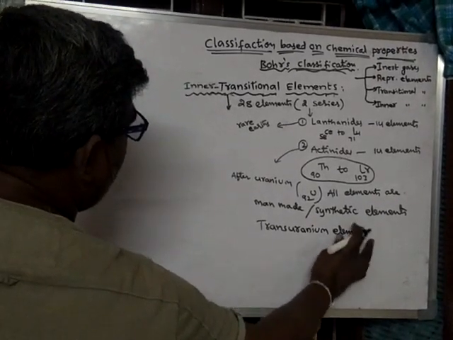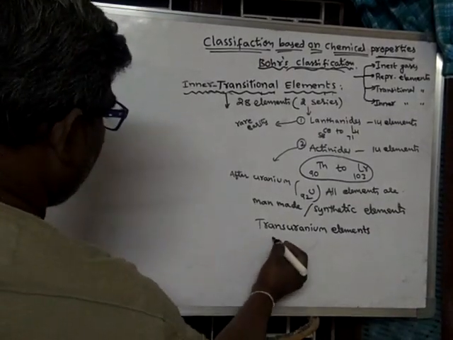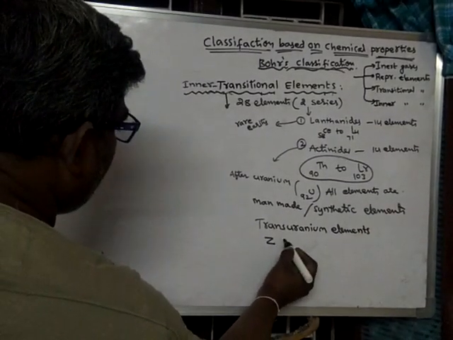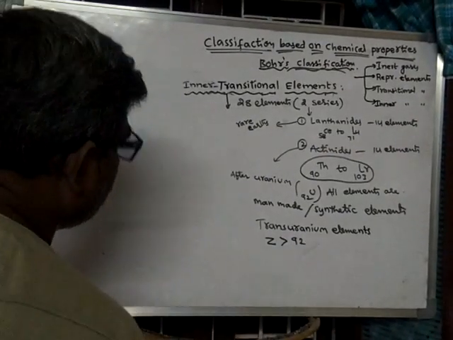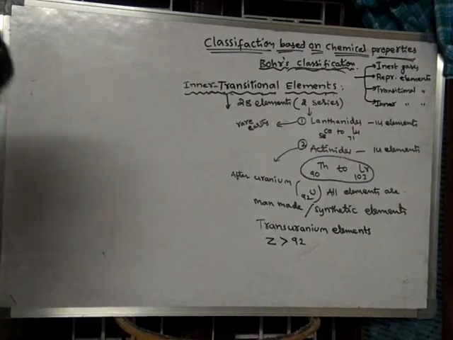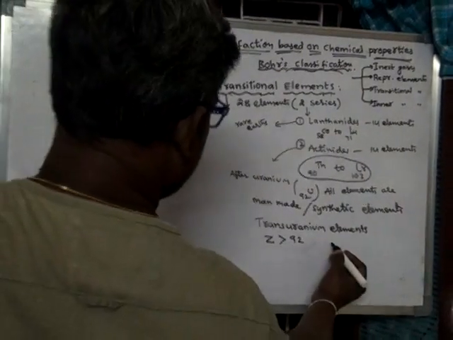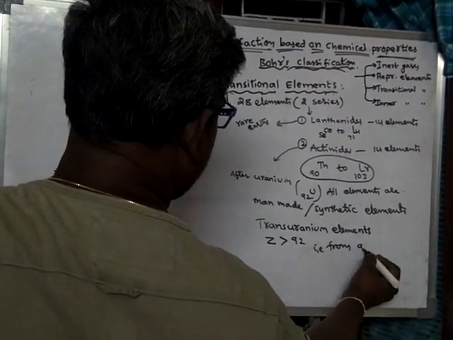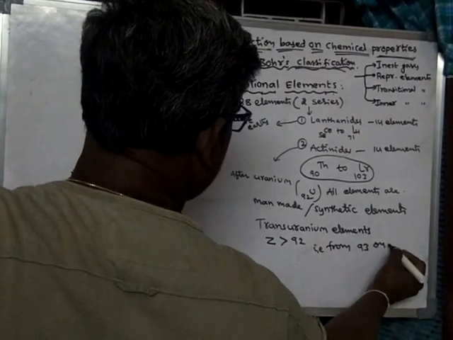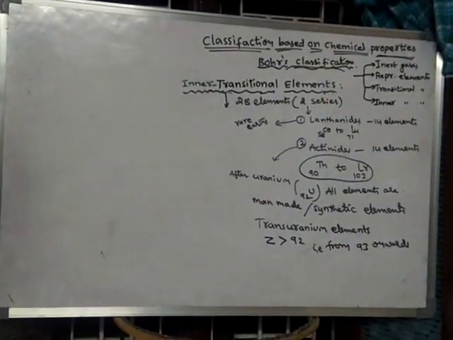The elements which come after uranium, that means whose atomic number is above 92, from 93 onwards, are all said to be transuranic elements.